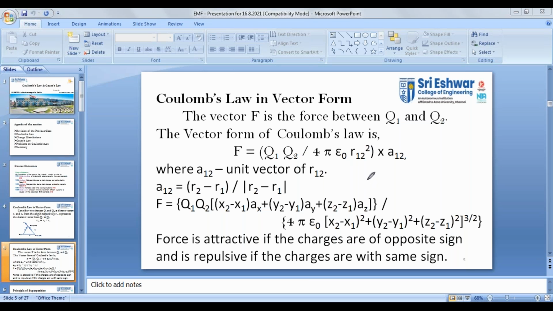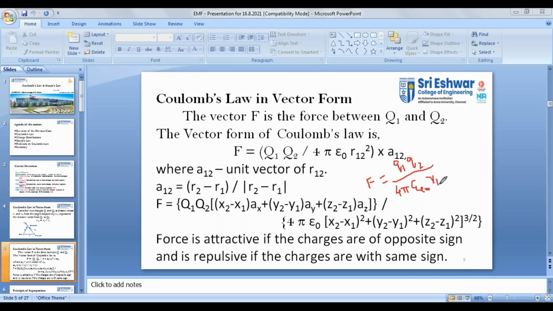So F is equal to, this formula we have seen already, Q1 Q2 divided by 4 pi epsilon naught.